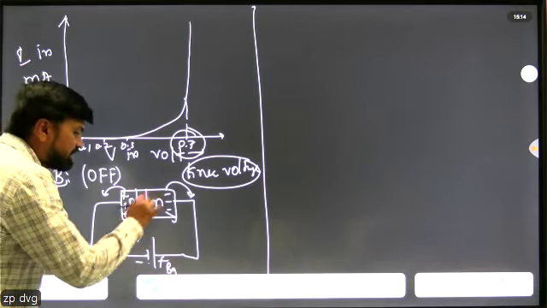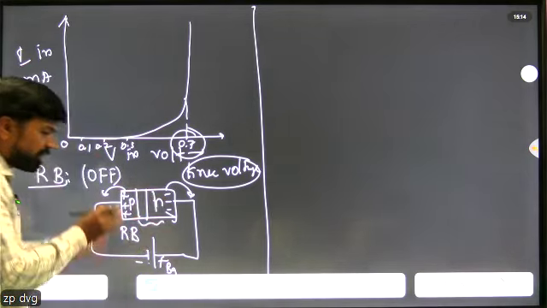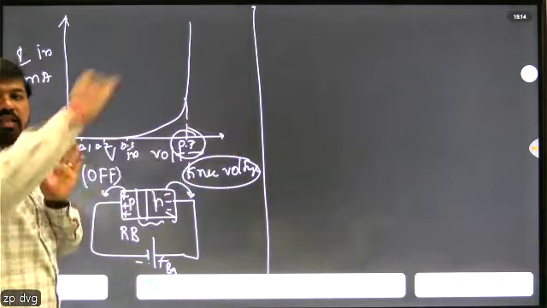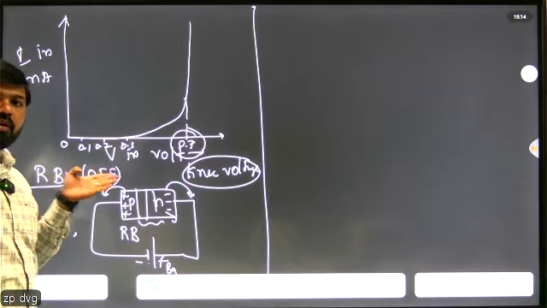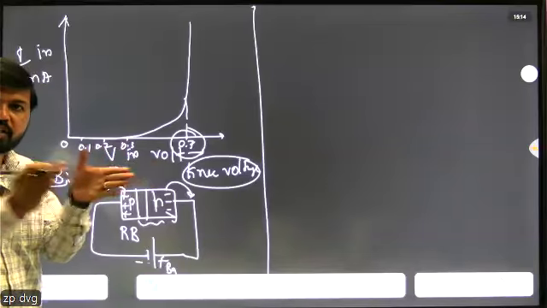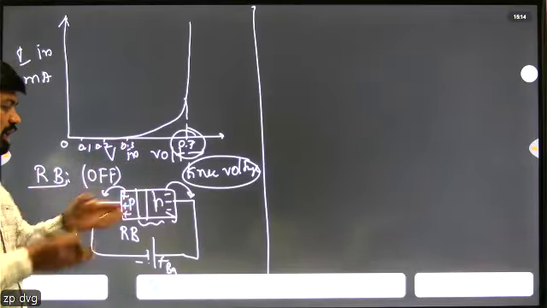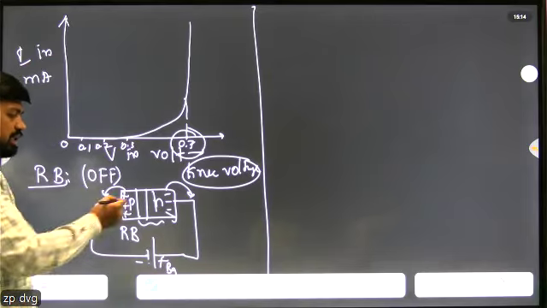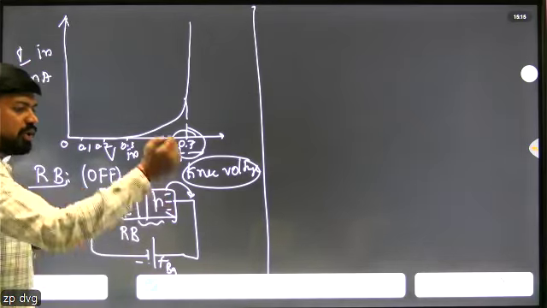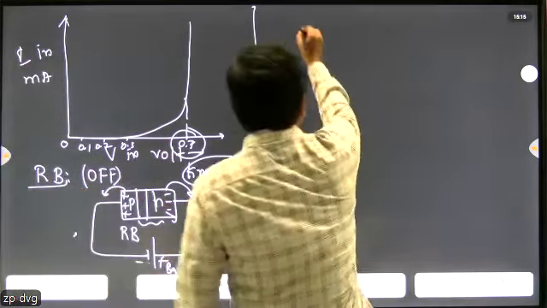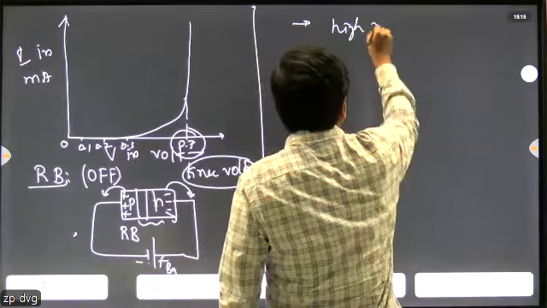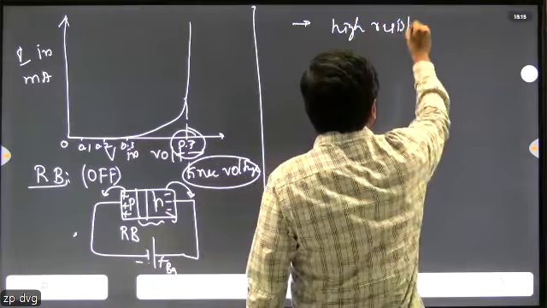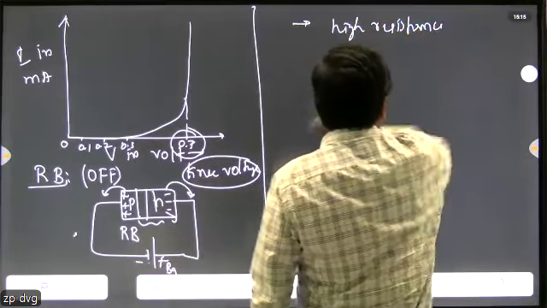As a result, the size of the depletion region gradually increases. During which bias? Reverse bias. In forward bias, the size of the depletion region gradually decreases, but in reverse bias, it gradually increases. As a result, the diode offers very high resistance.